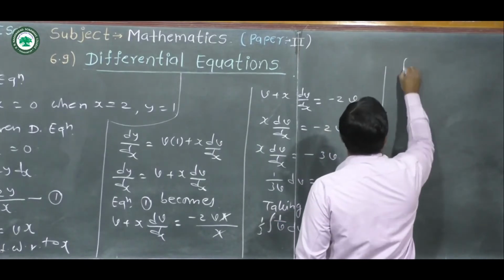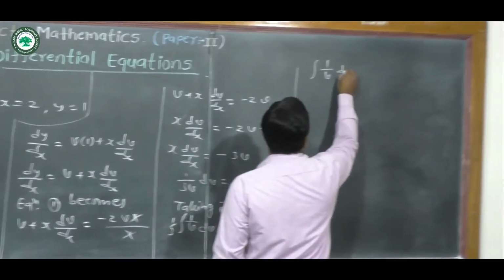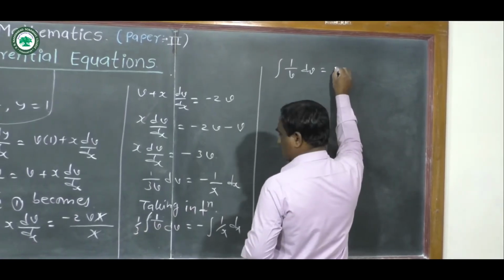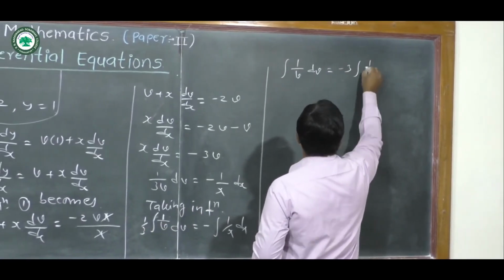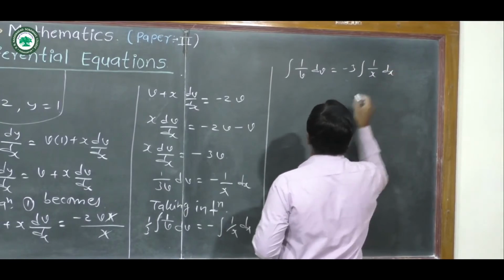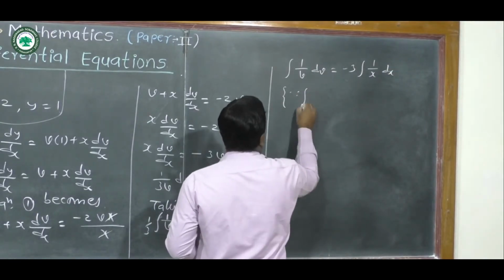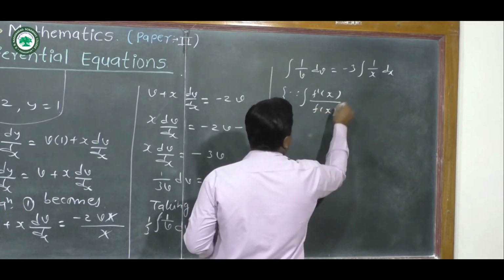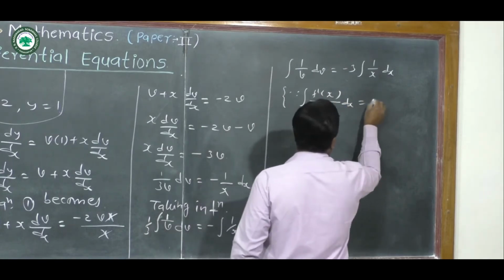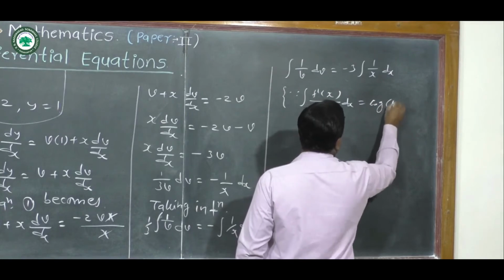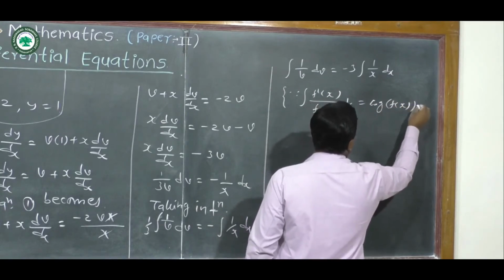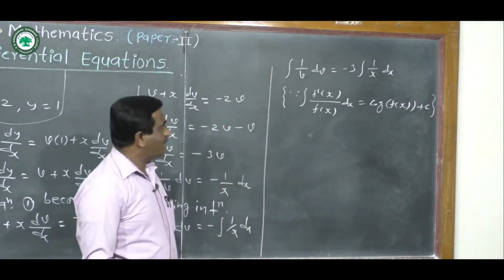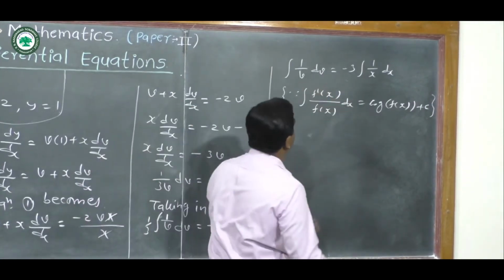Now first we can write here integral of 1 upon v dv is equal to, take this 3 to the RHS, minus 3 into integral of 1 upon x dx. Since integral of f dash of x upon f of x dx is equal to log of f of x plus c. Using this corollary, we can write the integration of these two integrals.